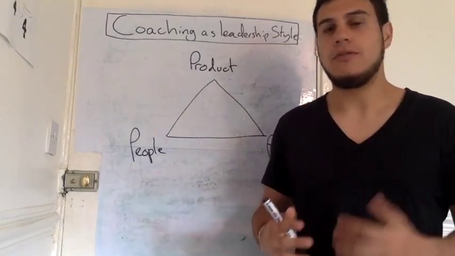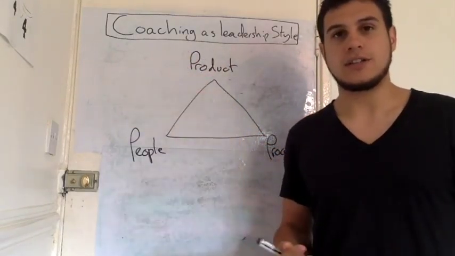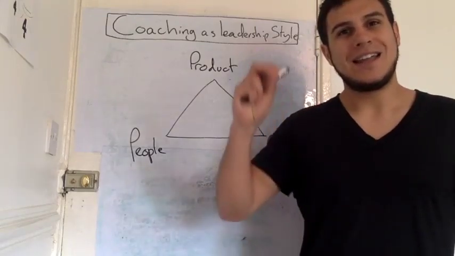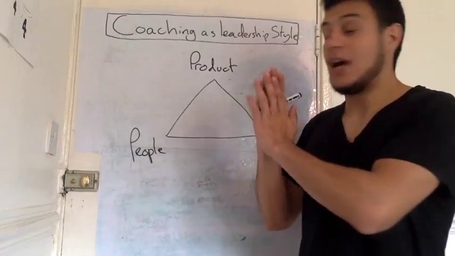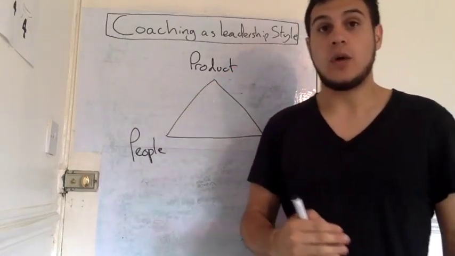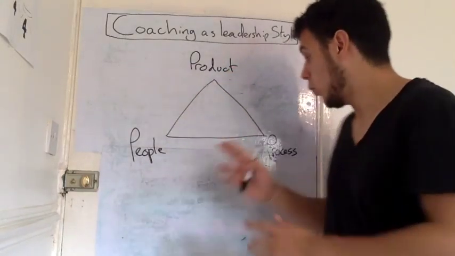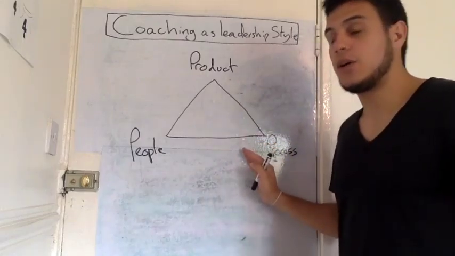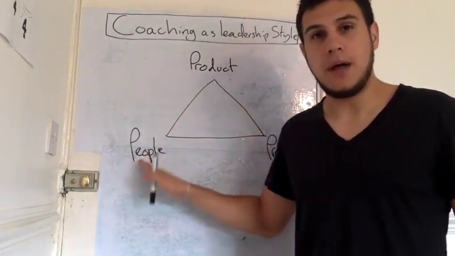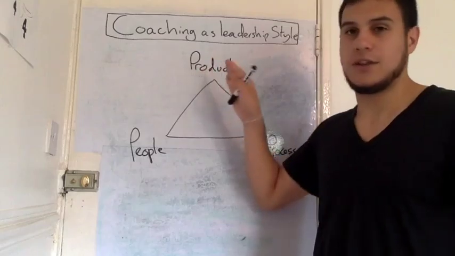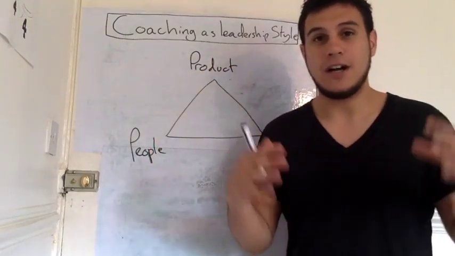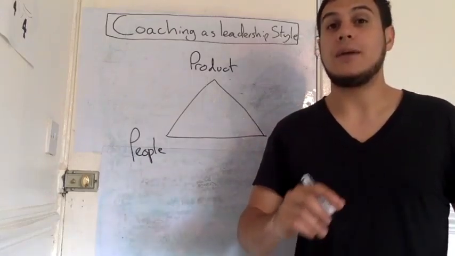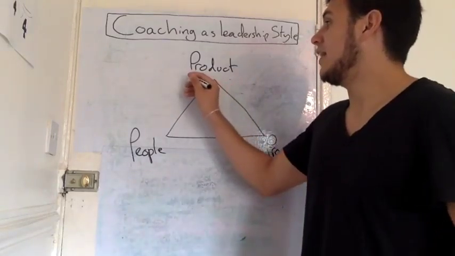Whatever they want to improve, this is a product. And coaching says, okay, this is what we're going to focus on with this person. And in order to obtain this, we know that we're going to use the coaching approach, which is a process, and we're going to work very individually with the person in order to obtain the product. So of course, coaching sees all 3 as vital elements, but the one it places above all of them is the product.